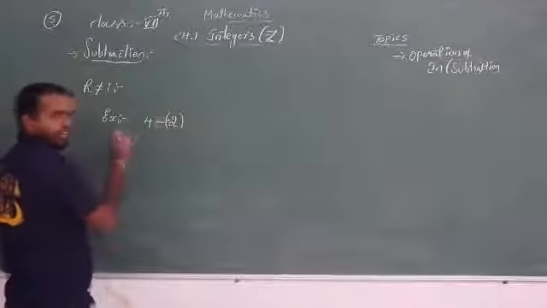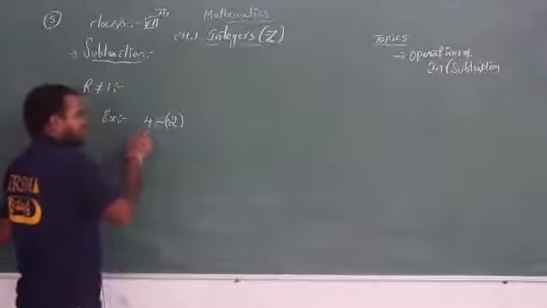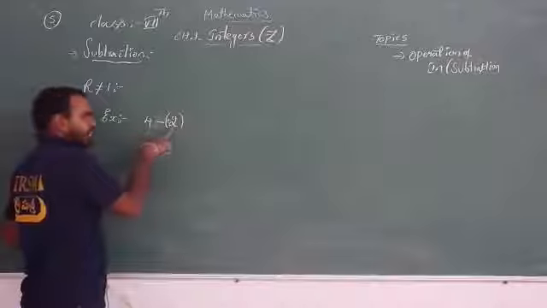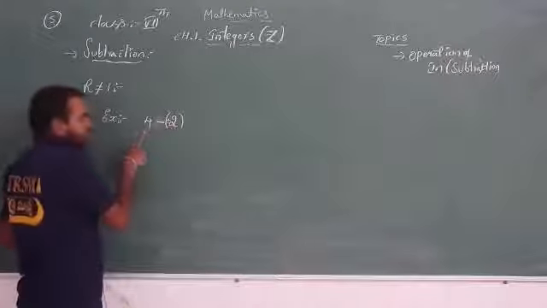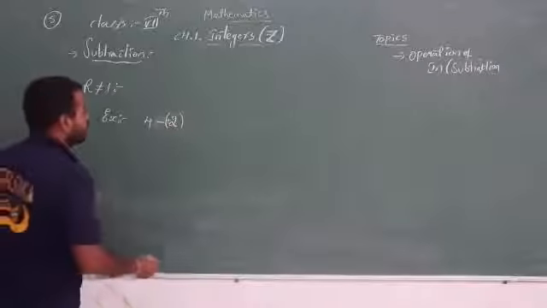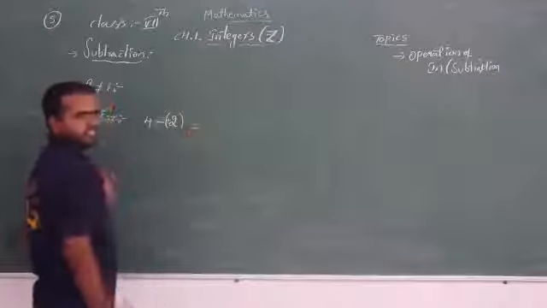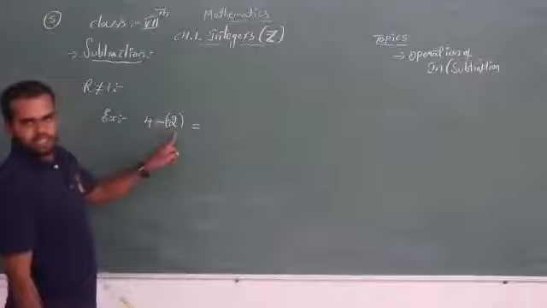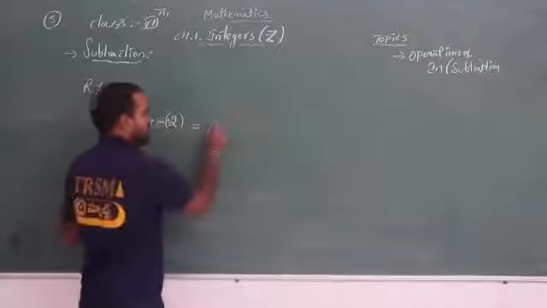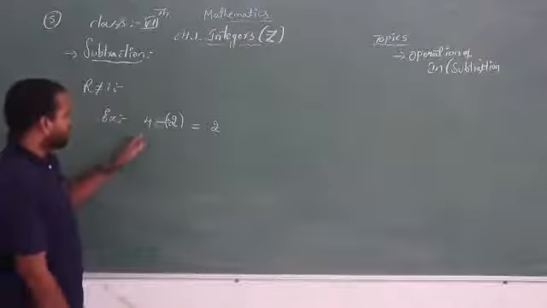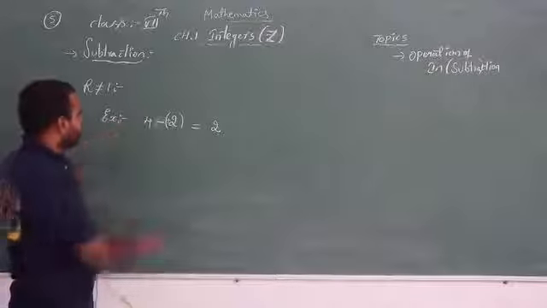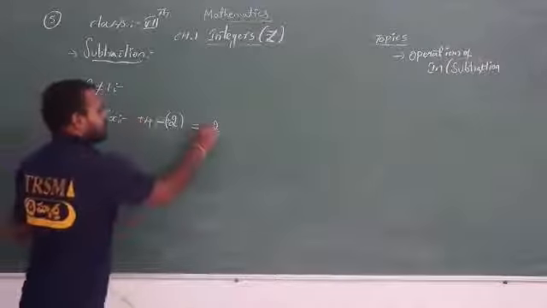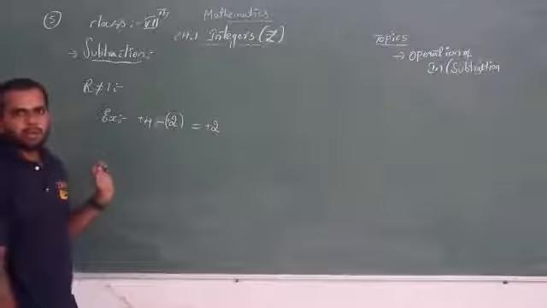So first you have to subtract. 4 minus 2 is nothing but 2, and which number is greater here? 4 is greater. So which sign will it have? Plus. So our answer is plus 2.